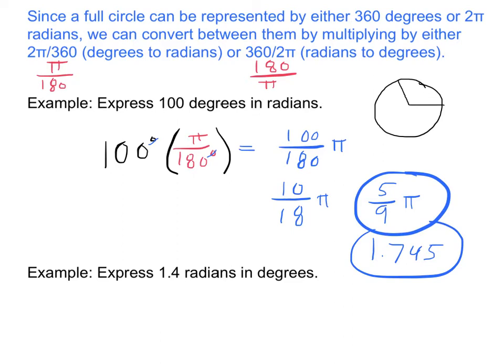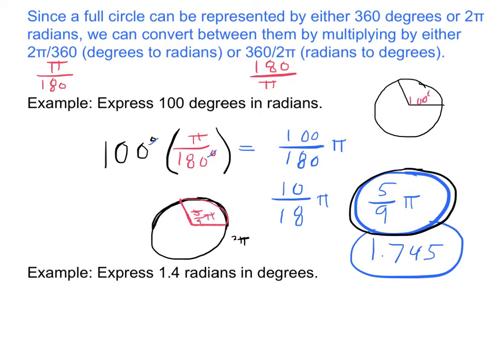When you think about pi, you think of an entire circle as 2 pi. So 1 pi would be halfway around. 5/9 pi would be 5/9 of the way around that. You'll notice that this concept of 5/9 pi matches with the idea of 100 degrees up here. That's where it comes from.